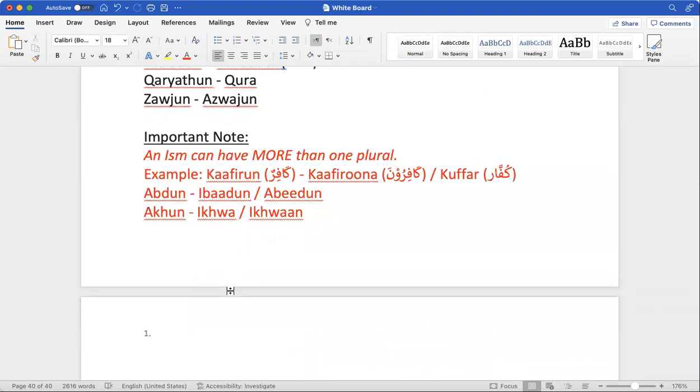Now there are some important notes here. There are some isms which can have more than one plural. They can have a normal plural, and they can also have broken plurals. For example, kafir. Kafir is one disbeliever. Kafiruna, you see, is a normal plural. It also has this kind of plural, kuffar, a broken plural. So some words have both sound plurals and broken plurals.